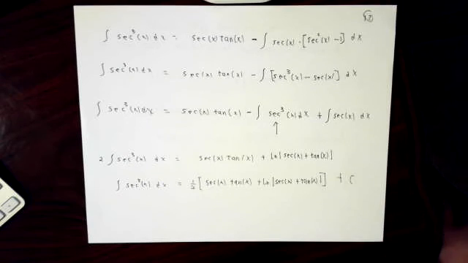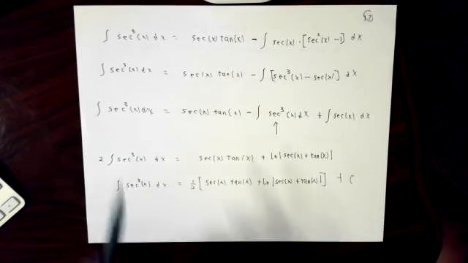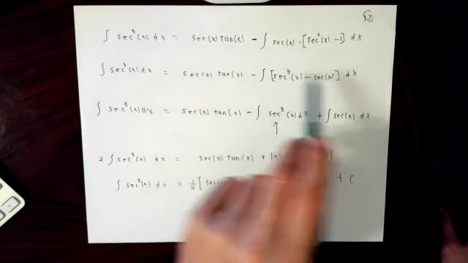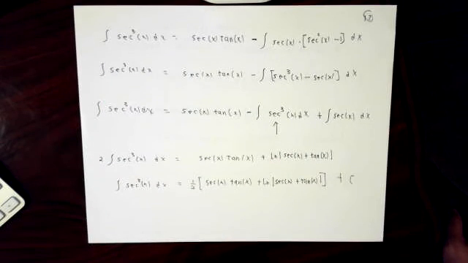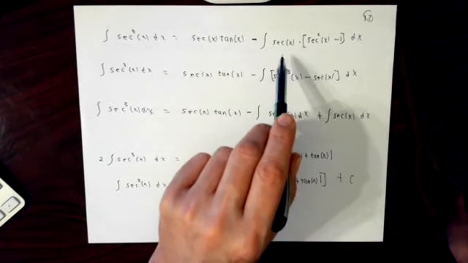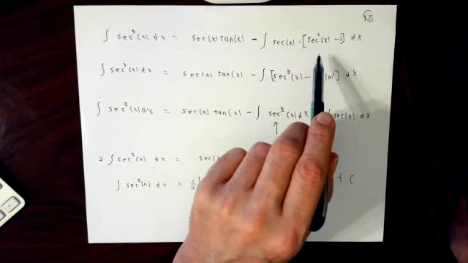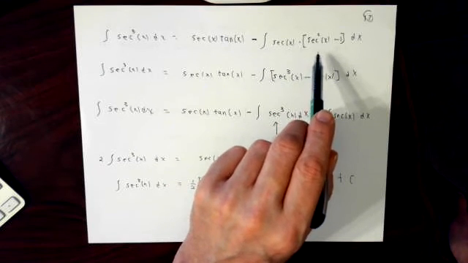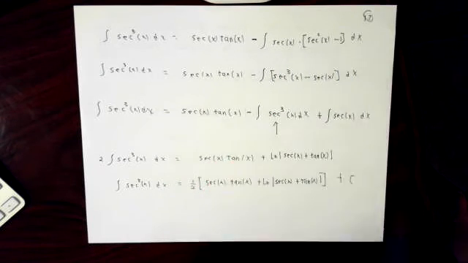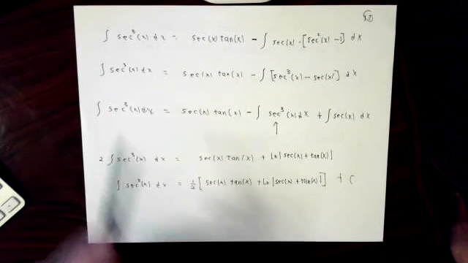We're going to take the tangent squared and write it as secant squared minus 1. So this line is the same as the preceding one, except that we've done that. Secant of x times secant squared of x is secant cubed of x. Secant of x times 1 is secant of x.